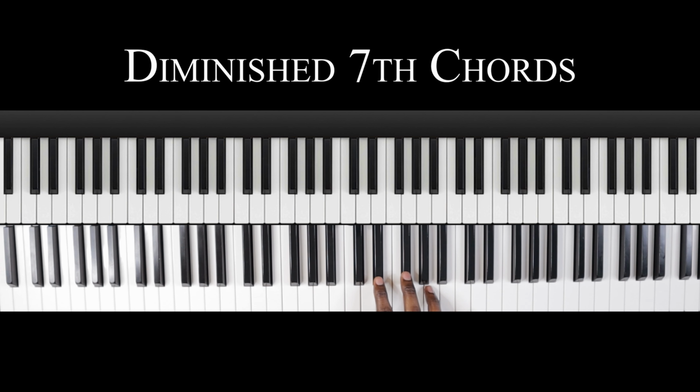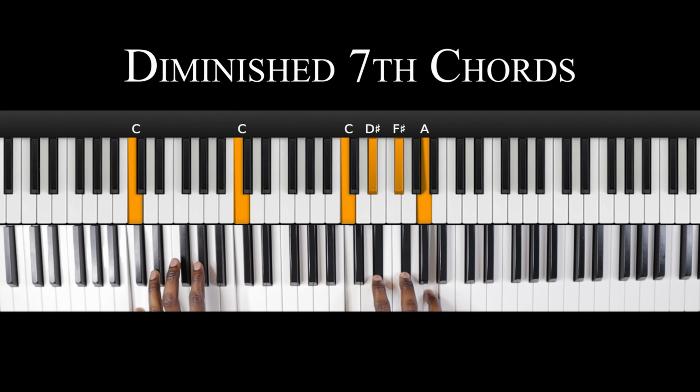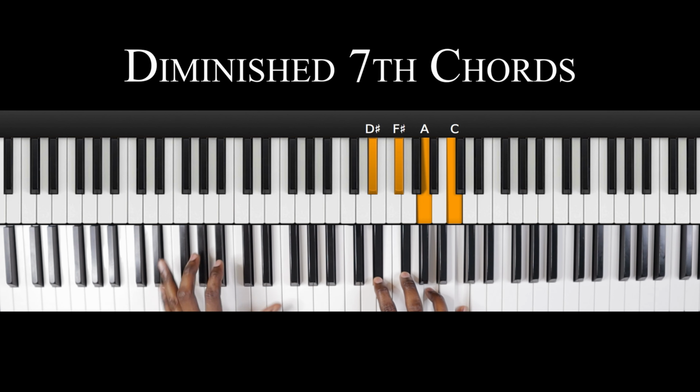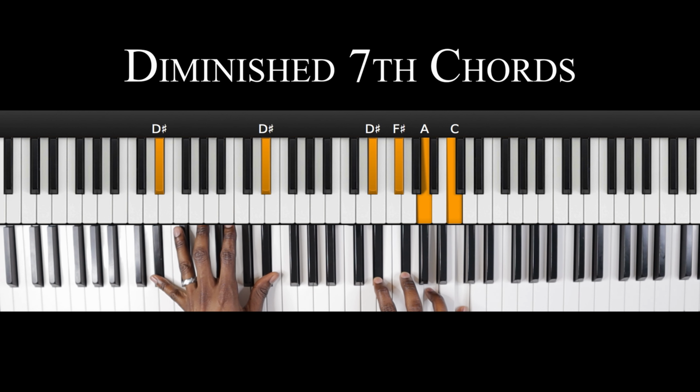So for example, this here is C diminished seventh if I have C in the bass. But what if I had this same chord and I played an inversion of it? I took this C and placed it on top, but in the bass I had an E flat. Guess what? That becomes E flat diminished seventh.